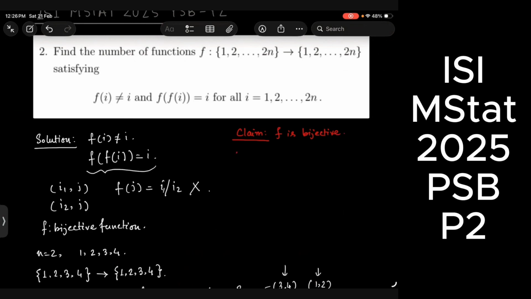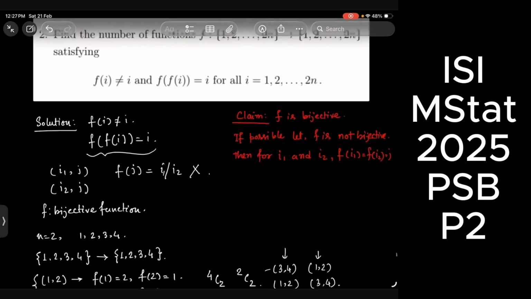okay. So if possible, let f be not bijective. Then for i1 and i2, f of i1 equals f of i2 equals j.